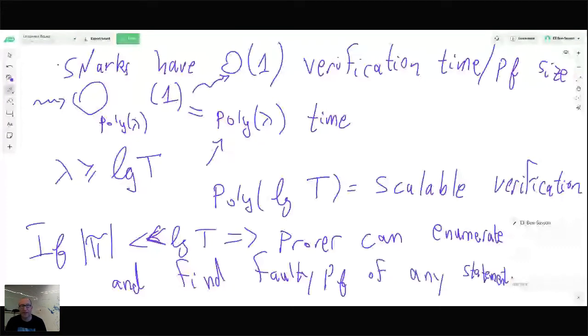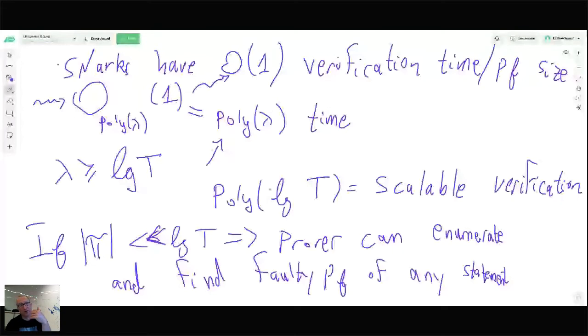So this is why I think it's better to talk about it this way. Even when you see in papers that SNARKs have O of 1 verification time or O of 1 proof size, usually it assumes that there's some group or some cryptographic structure underneath it, and then it talks about the number of objects in that world, but that world will always be of size at least t, so that representing an object there would be at least log of t.